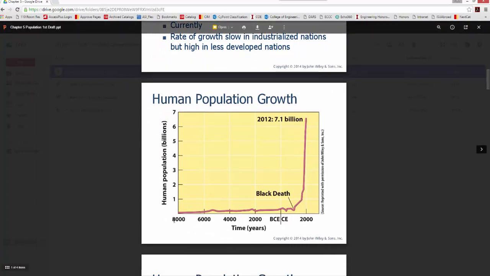So here is this graph. This goes back 8,000 years, and human population in terms of billions. So again, this is in terms of billions. Notice from 8,000 BC to right here, which would have been about 1850?